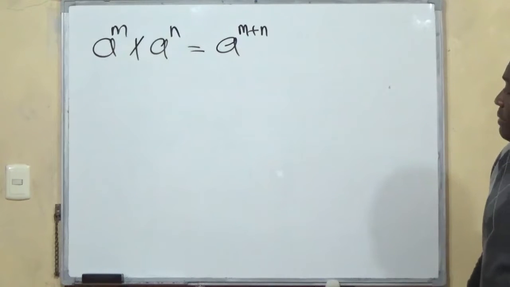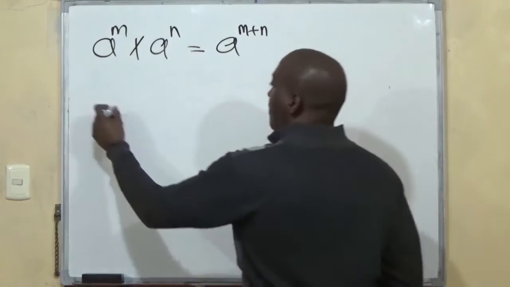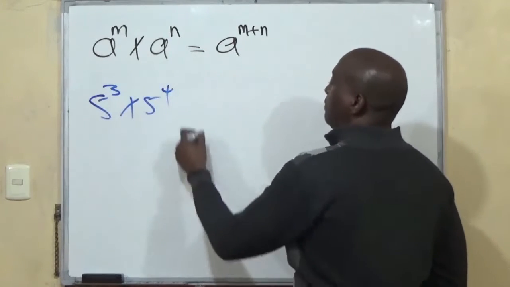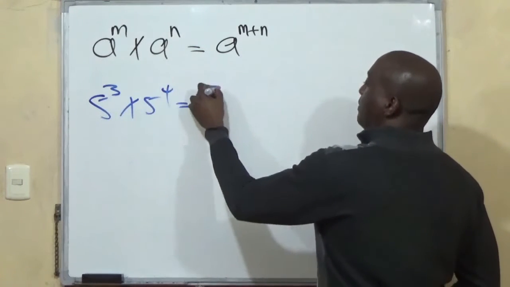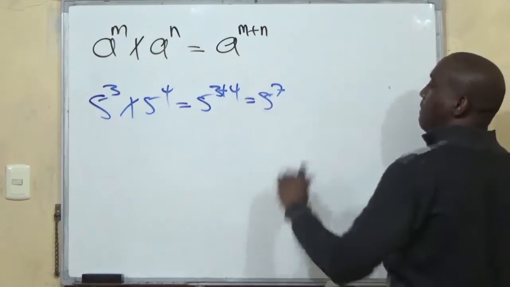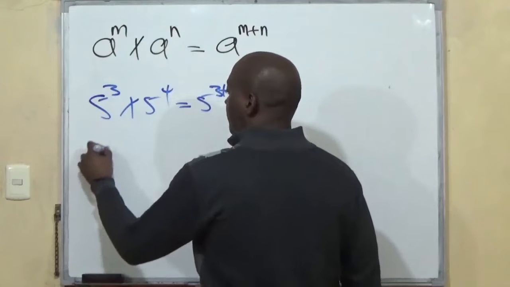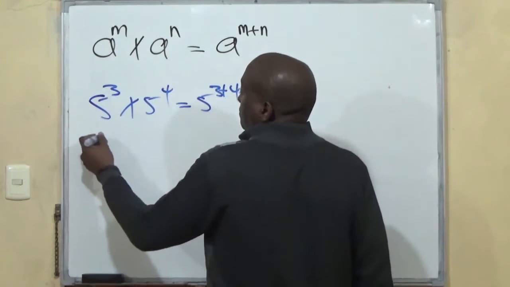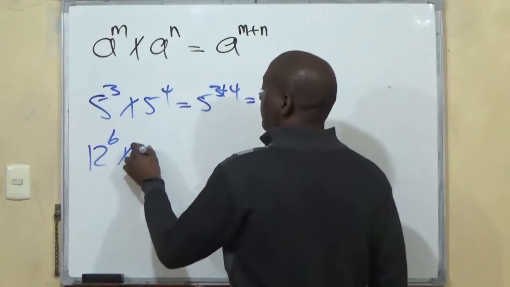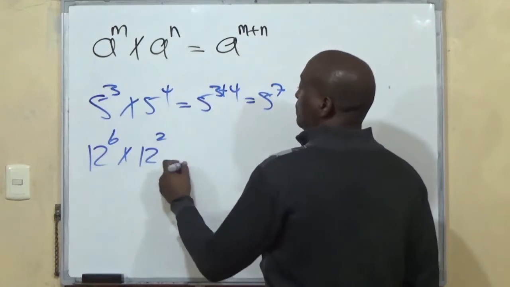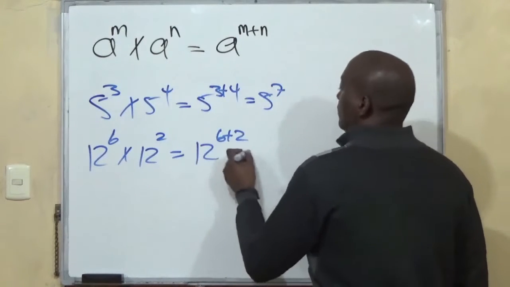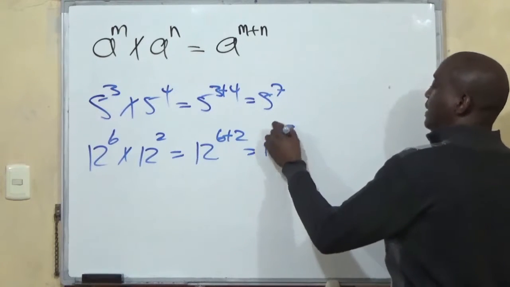So for example, if we have 5 to the power of 3 multiplied by 5 to the power of 4, that is equal to 5 to the power of 3 plus 4, which is 5 to the power of 7. If we have 12 to the power of 6 multiplied by 12 to the power of 2, that is equal to 12 to the power of 6 plus 2, which is 12 to the power of 8.